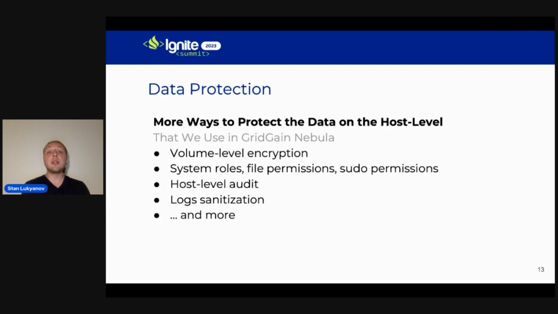In addition to database level encryption, you can also store the data on encrypted volumes, which is actually the default for many cloud platforms. For example, on AWS, the default way of data storage is encrypted block storage, which is encrypted out of the box. So you have encryption on your volume level and encryption on the database level if you need it.